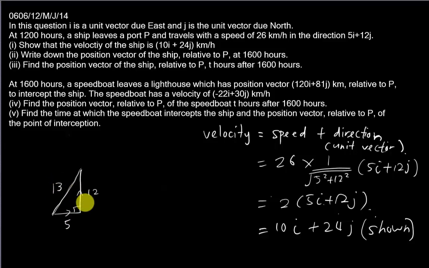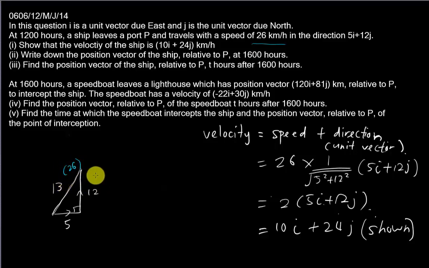So if this one is a ratio, I want to change the speed. Just remember, the speed is always the hypotenuse. So that means the speed over here is 26. Just now I said that 5, 12, and 13 is a ratio, and the actual speed is 26.